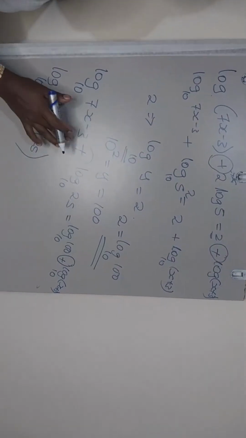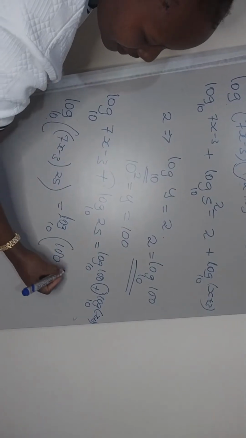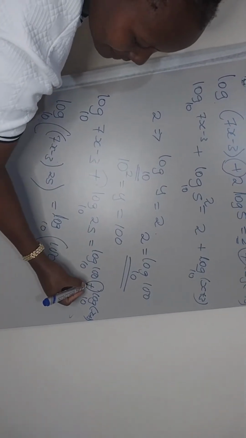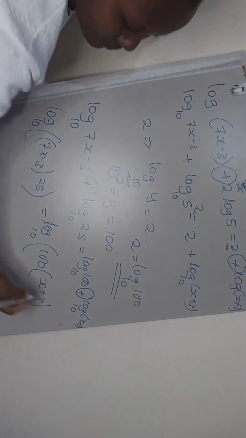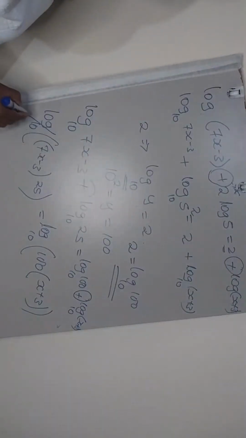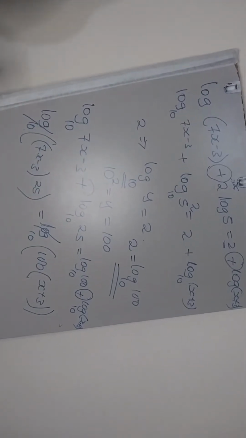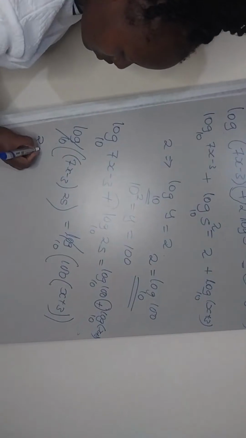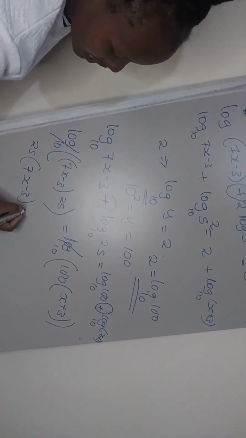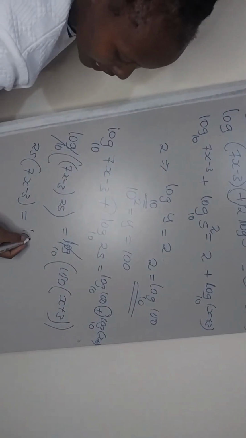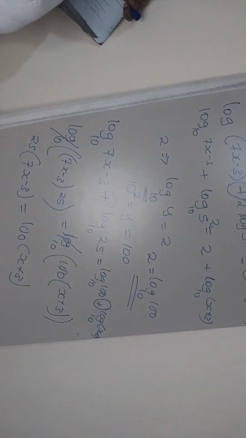So, of 100 multiplied again, because this is a plus, multiplied by x plus 3. Now we can cancel what seems common. Now our new mathematics becomes 25 into 7x minus 3 is equivalent to 100 into x plus 3. Good.